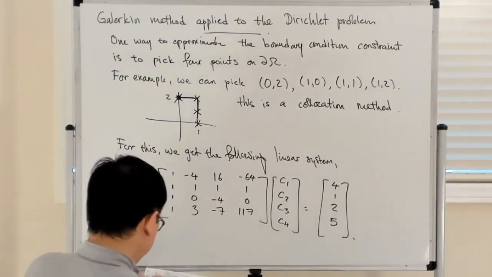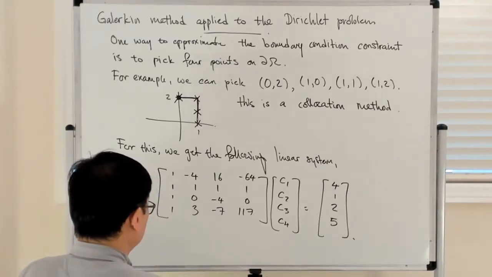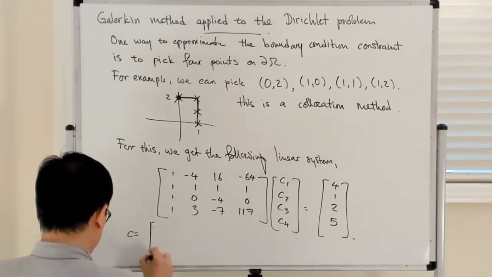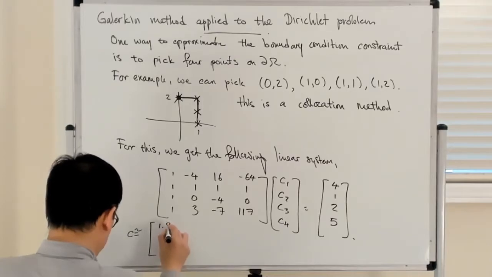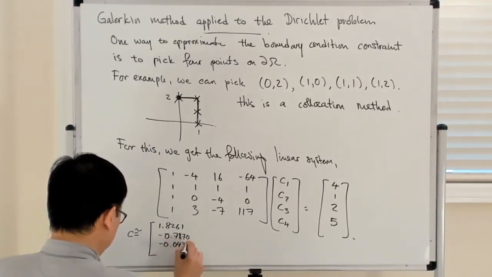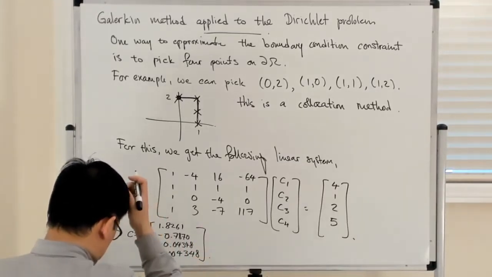Okay. So you can solve this numerically, and the approximate solution c is approximately 1.8261, negative 0.7870, negative 0.04348, and 0.004348. Okay.